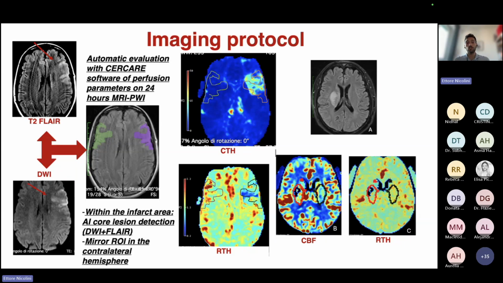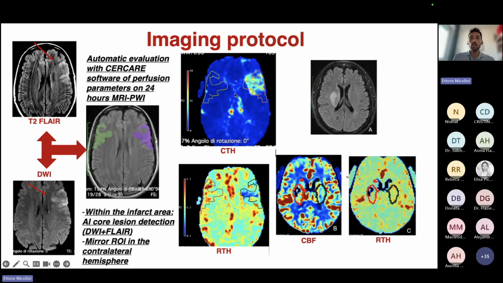With this definition and also setting a region of interest in the contralateral hemisphere, a mirror lesion of normal brain tissue, we detected all the different conventional and metabolic perfusion parameters.